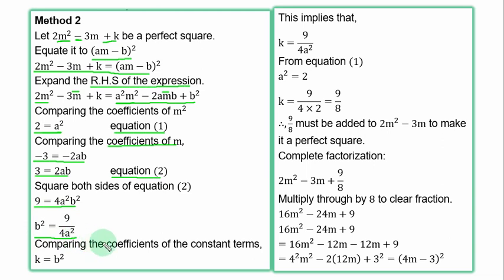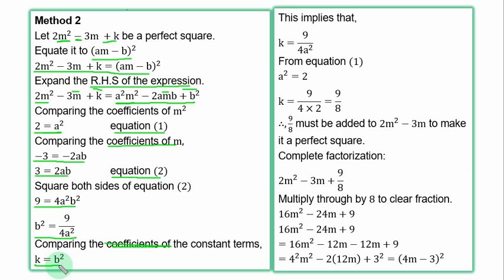Then we compare the constant terms. Compare the constant term, not their coefficient. When you compare the constant term, you have b squared and k, and they are equal. So you have k is equal to b squared.